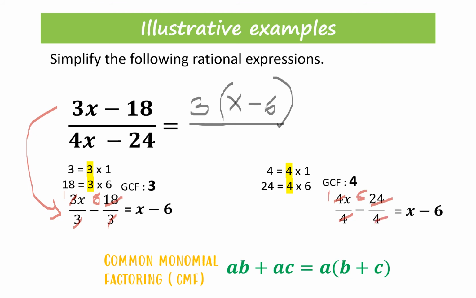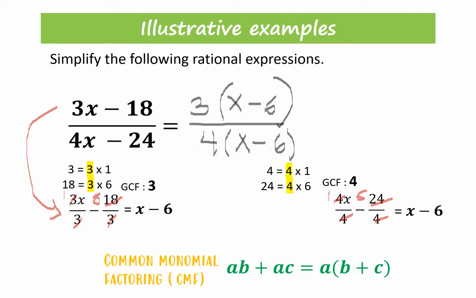So final answer upon dividing, x minus 6. So, pwede na nating iset ang factors ng denominator. Starting with the GCF, 4. And the binomial factor, which is x minus 6. So, yan. So, now we're done with the first step.